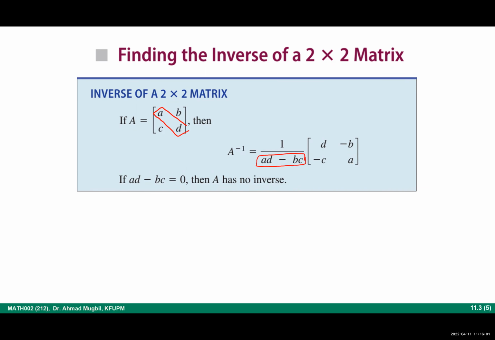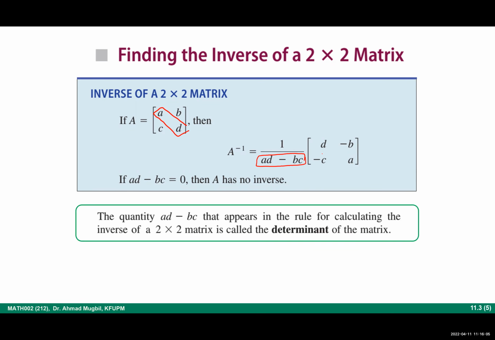This special number is, in fact, called the determinant of a matrix. We will see that, inshallah, in 11.4. It is ad, which is just the product of the main diagonal entries minus the product of the other diagonal entries. ad minus bc. If it is 0, by the way, then this matrix has no inverse. It is not invertible.